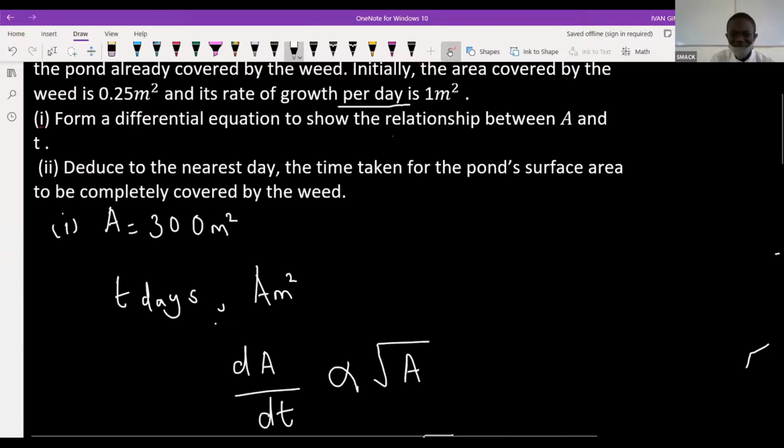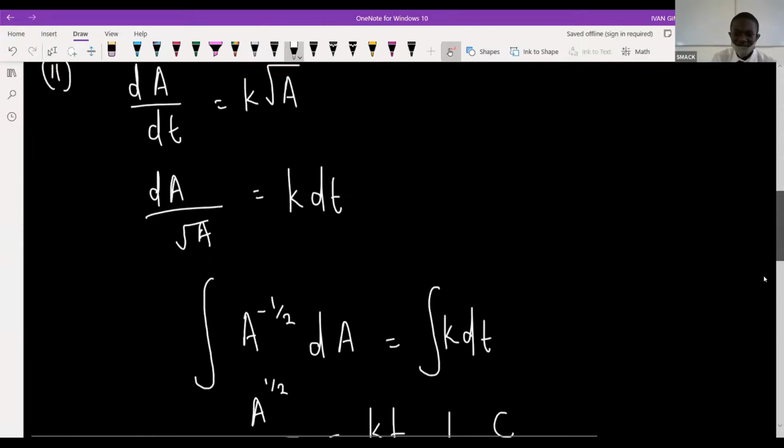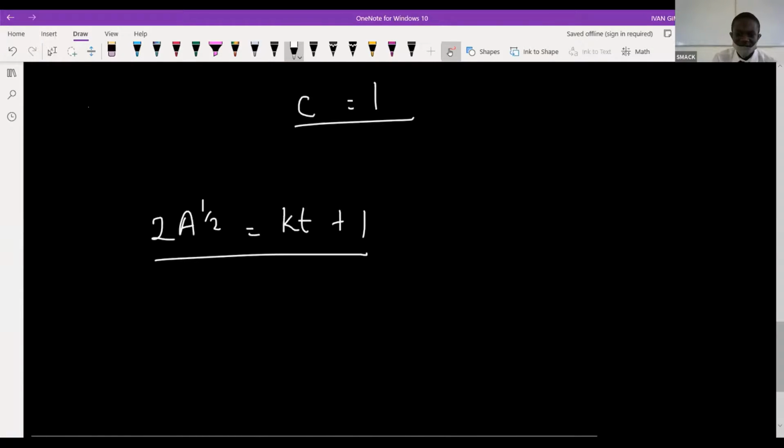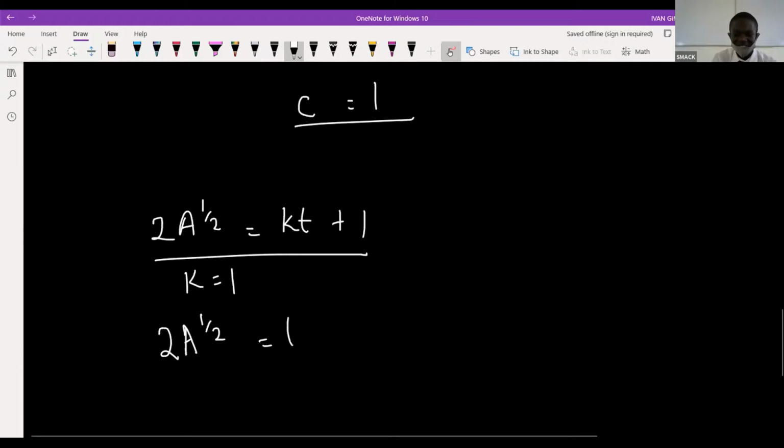So we can borrow from that: the rate at which something changes per unit time is equal to the constant. So the rate of growth per day is 1 meter squared, which implies that our k will be equal to 1. So our particular solution now becomes 2A to the power half is equal to t plus 1.